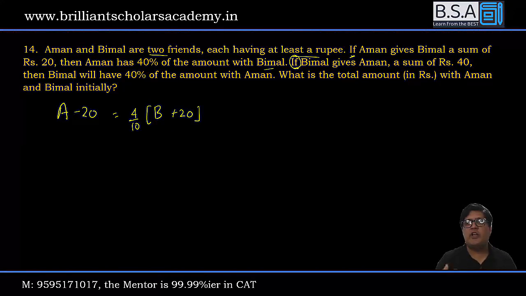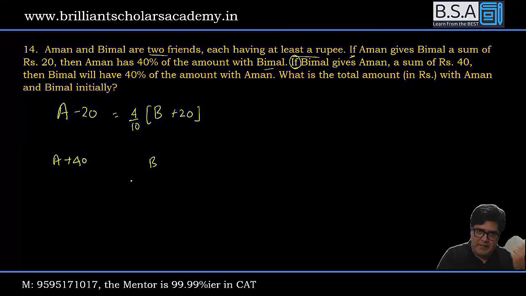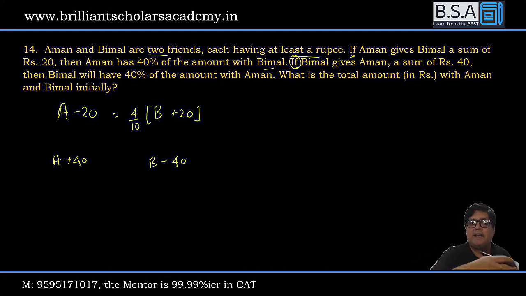You're introducing new information. If Bimal gives Aman rupees 40, then 40 will be added to Aman, the person getting the money. Bimal is giving the money, so 40 will be taken away from his own pocket. Now Bimal has 40% of the sum with Aman. Two variables, two equations, it will definitely be solved. Put in efforts and solve.